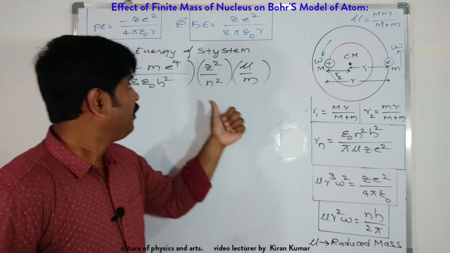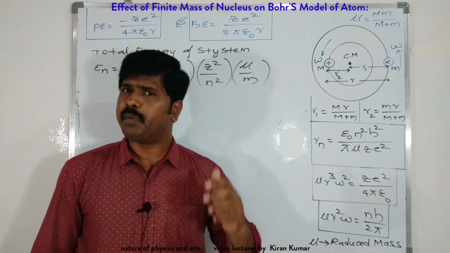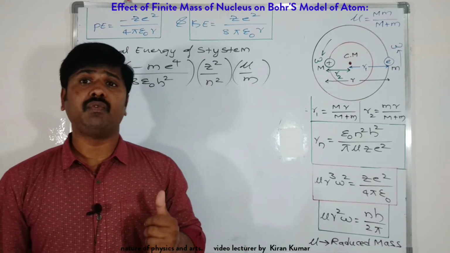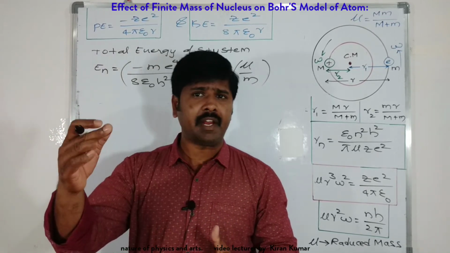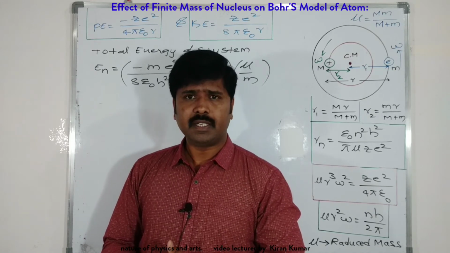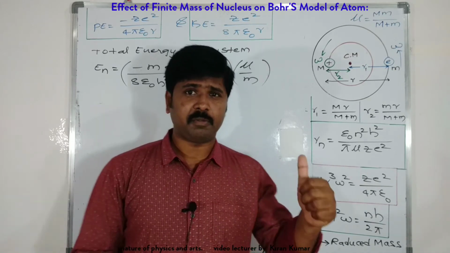Here we already did the energy equation. Based on the energy equation, we will get the wavelength of the photon emitted from a higher energy level to a lower energy level. That we will discuss step by step. Please listen to me.